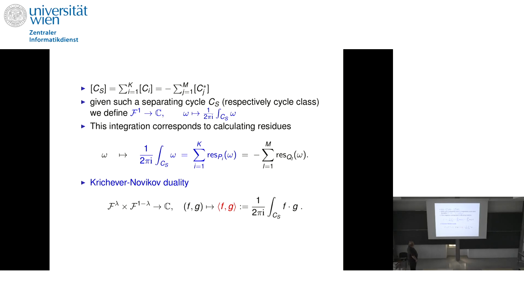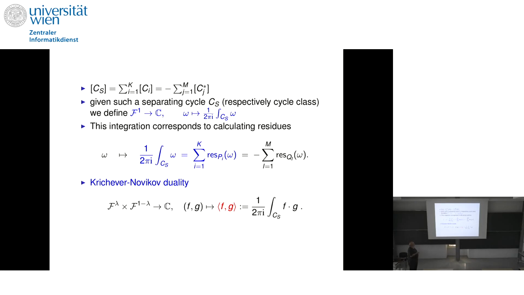And indeed, you can give a homology operation between them here. And this allows us, if we have a separating cycle, to define a map from F1 to C by integrating a differential form, also an element of F1, over this cycle CS. Indeed, this integration corresponds to calculating residues.